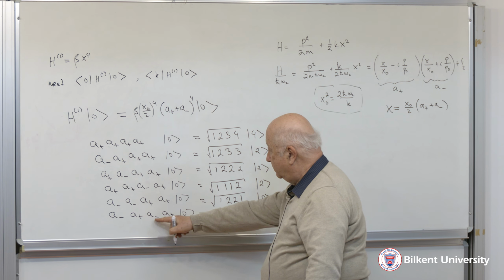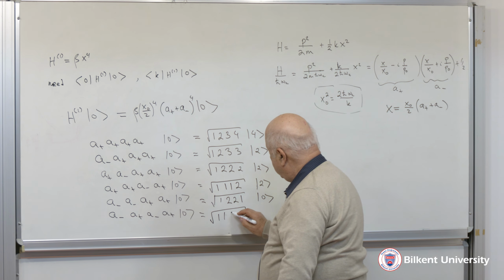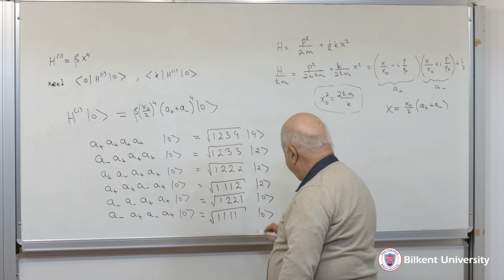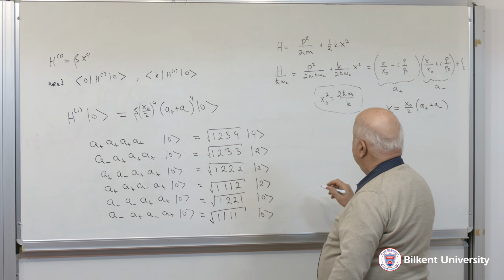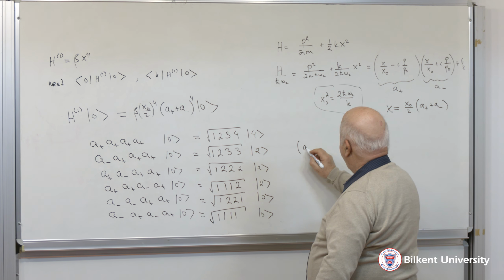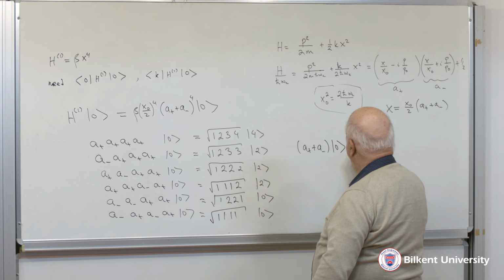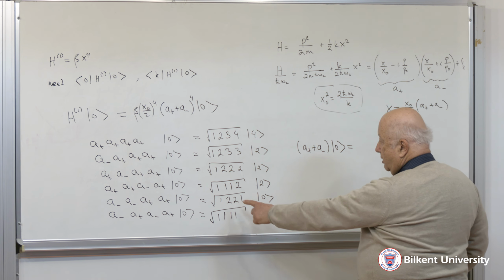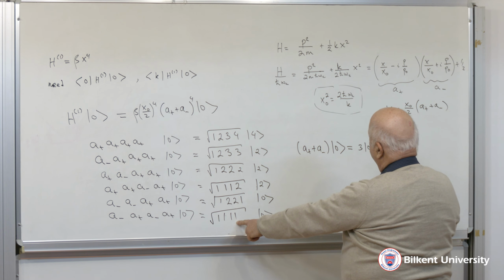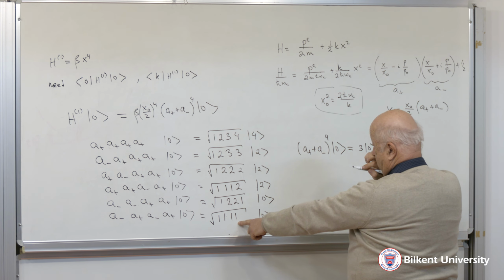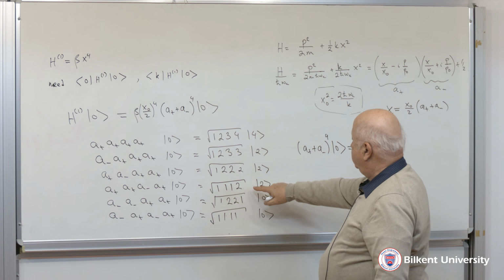Sounds tempting, but let's verify. 1, 1, yes, 1 and 1. Okay, so this object, a plus plus a minus, operating on the ground state, gives me 2 plus 1, 3 ground states to the 4th power, plus how many square root of 2's?